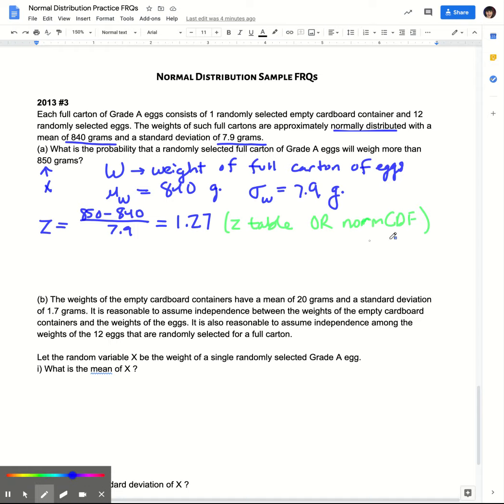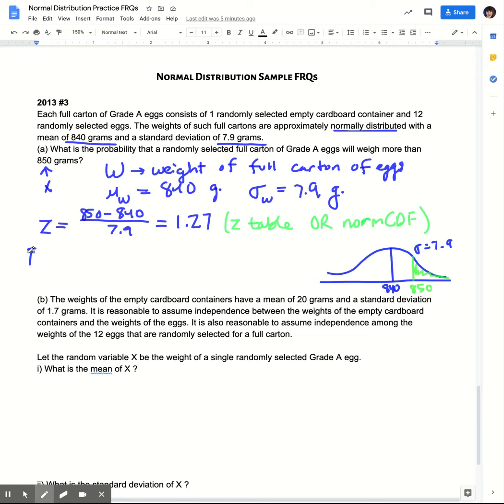Remember, what we were trying to find here, and what I should have done, was sketch the normal distribution curve, where I have 840, my standard deviation was 7.9, and I'm trying to find the probability that I get a carton that weighs more than 850. So here's 850, and I want the area above it.